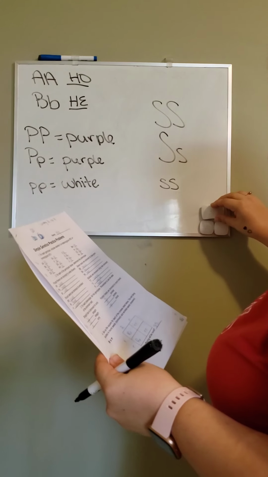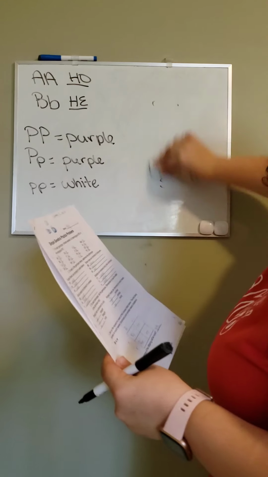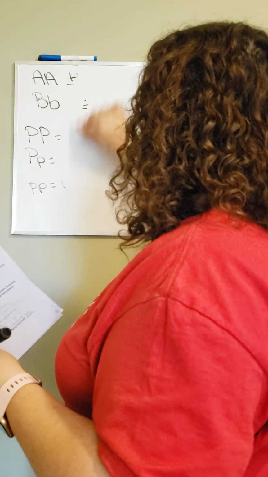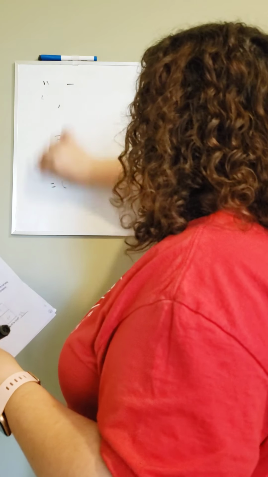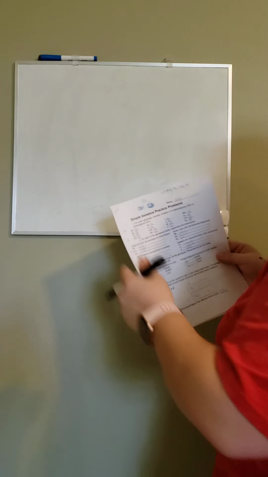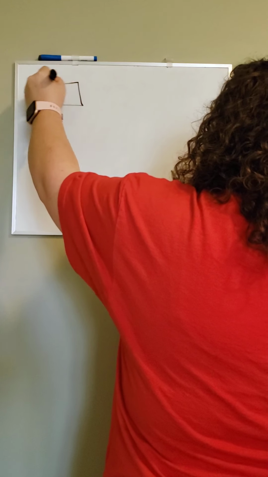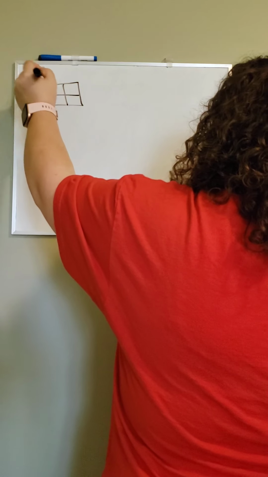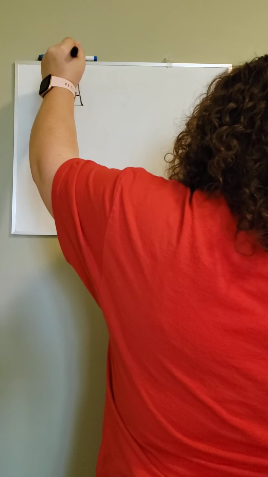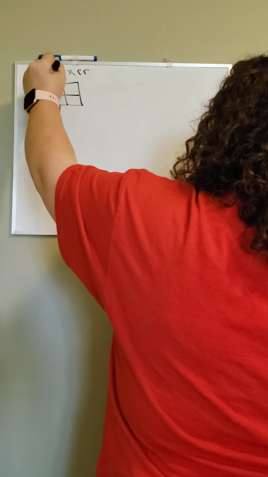All right, number 4 should be pretty easy because it gives you the letters and you just have to do the box and answer the question, but let's make sure we're good with it, okay? So number 4, we have capital R, lowercase r crossed with lowercase r, lowercase r.